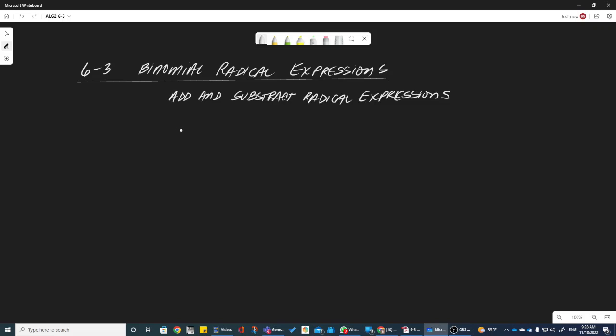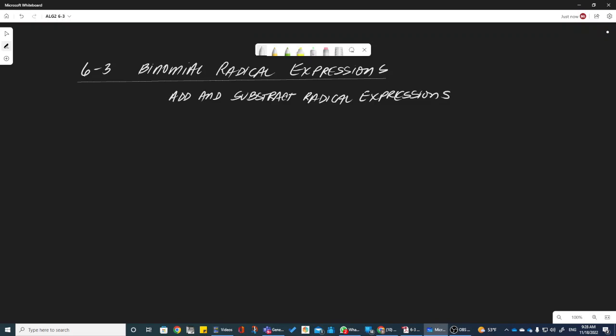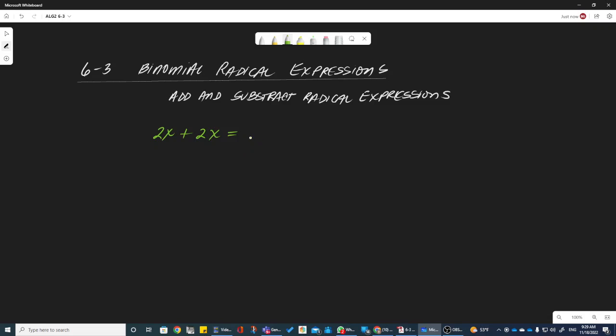Okay, so to take you from what you do know to what you don't know, let's talk about variables. If you recall, you can add two of the same kind, as for instance 2x plus 2x equals 4x.